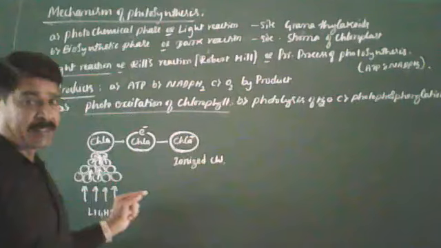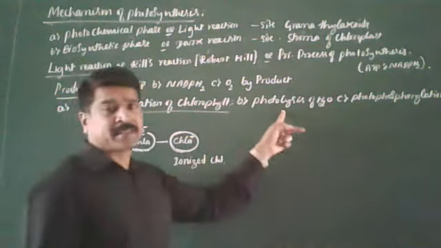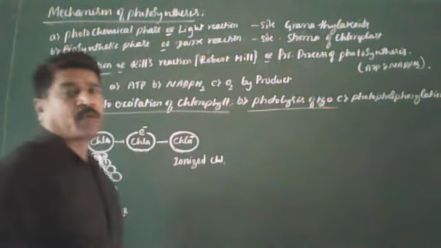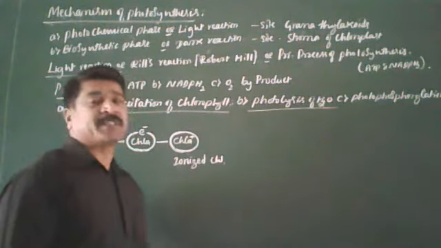After photoexcitation of chlorophyll, the photolysis of water takes place in green plants. By splitting this word, you can get the meaning here. Photo means light, lysis means splitting.